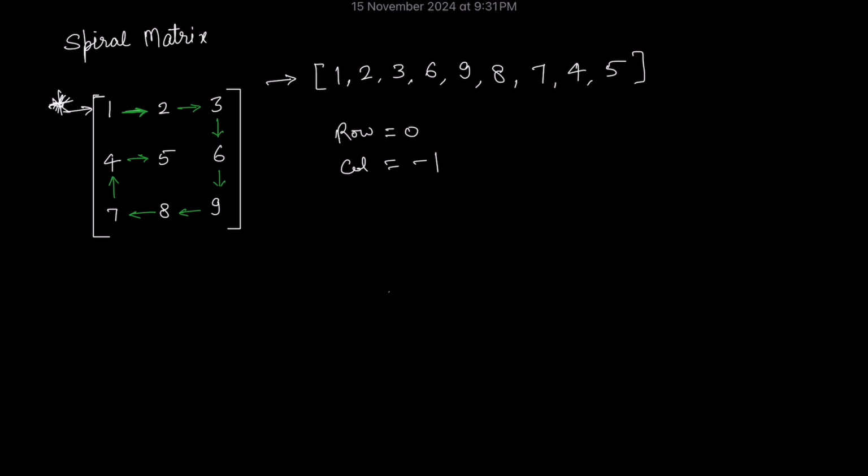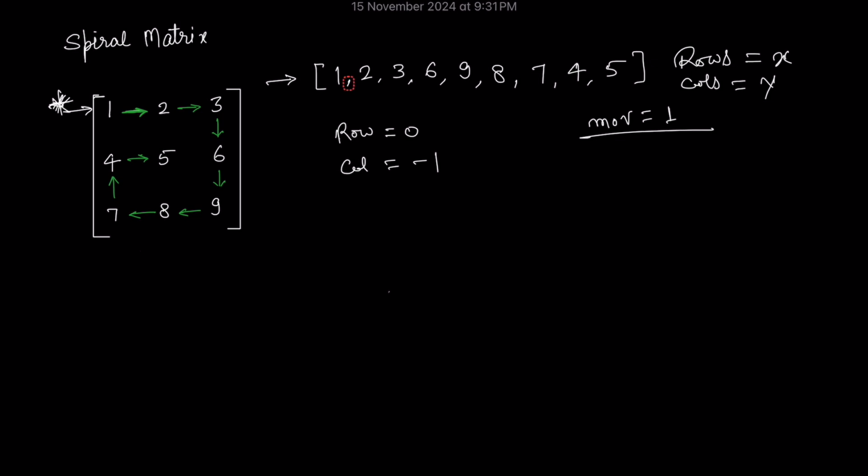I will take one step as movement. So from row 0, this will execute for the number of columns. We will find out the number of rows and the number of columns for the matrix.